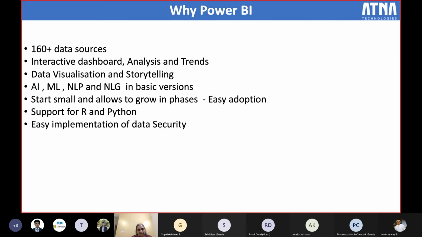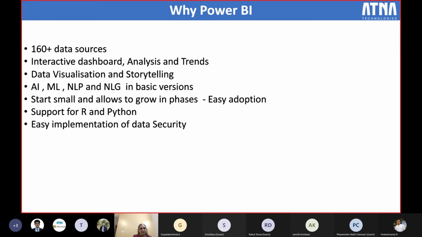In addition to that, if there are people who are very good at R and Python coding and they have built their own algorithms, you could easily integrate them over here, and data security can be implemented. This is one of the tools where I have seen that data security is implemented very easily.